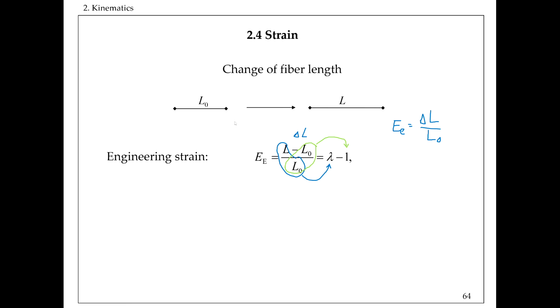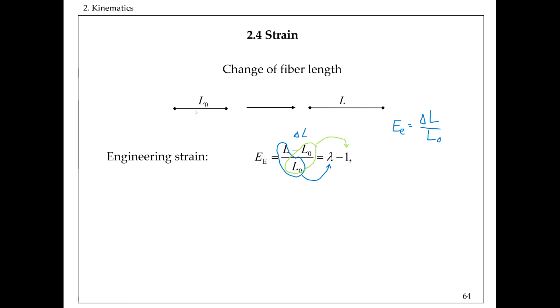Maybe the fiber is made from different components. Maybe a part of the fiber is from steel, the other part is from some softer material, and so when you deform it, the steel part will not be deformed and the softer part will be deformed more.